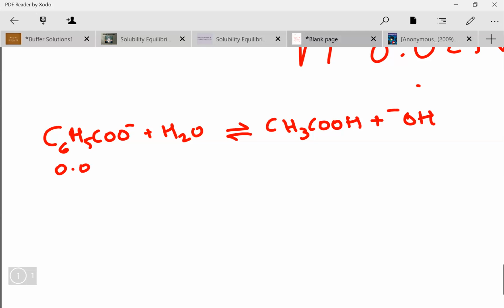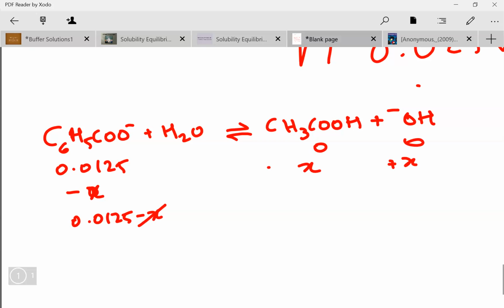We have 0.0125, 0 minus X. And to cancel out this negative X, I had to check that 0.0125 divided by Kb is greater than 500, which I know it will because I have just calculated my Kb from, again, the Ka of acetic acid.